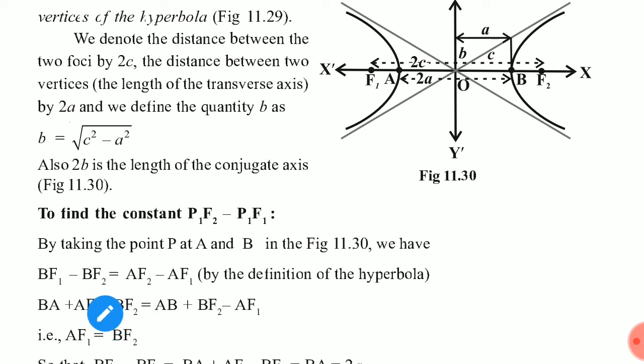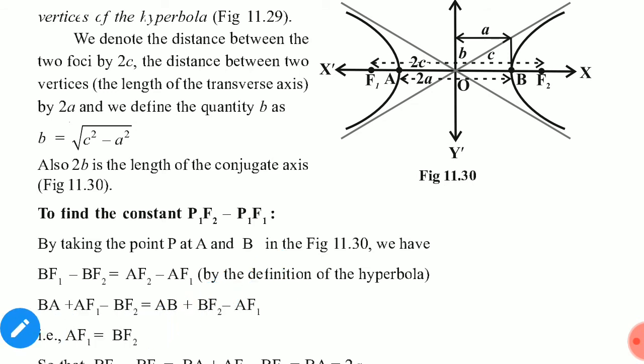So now we have to break that. BF1 we can break into AB plus AF1, so this is AB plus AF1 minus BF2. Also AF2 we can break into AB plus BF2 minus AF1. Now by the figure, AF1 is always equal to BF2, these two focus distances are always equal.